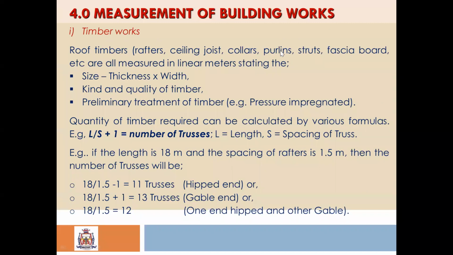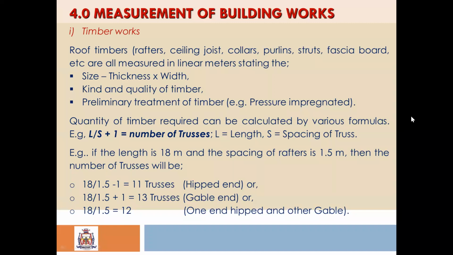Let's visualize it in detail. The timber work now. If you are looking at the timber work for the roof truss itself, the roof timber, we shall be considering the rafters, the ceiling joists, the purlins, the struts, the fascia boards, and so on. All these, as long as it is a timber roof truss, we shall measure in meters, linear meters.